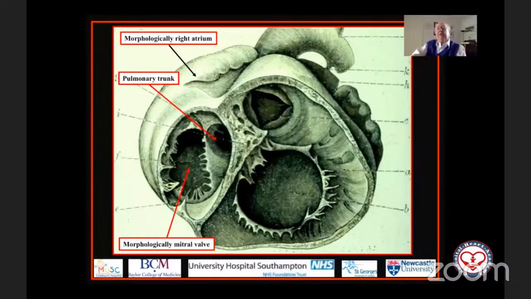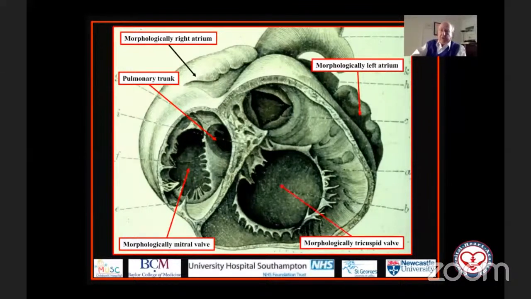And it is deeply wedged between the leaflet of the mitral valve and the septum. We find the pulmonary outflow tract. And that wedging of the subpulmonary outflow tract is going to become important today when we discuss the significance of conduction problems in the setting of congenitally corrected transposition. If we look at the other side, we can recognize the underside of the morphologically left atrium, and there we see the morphologically tricuspid valve.